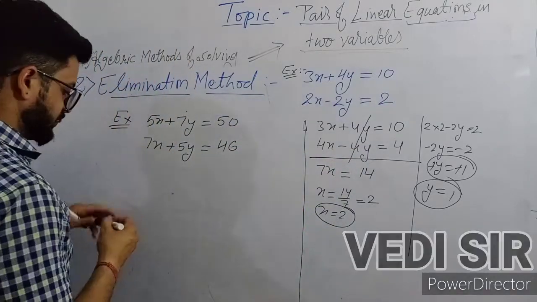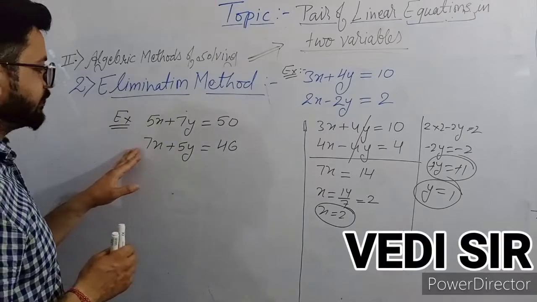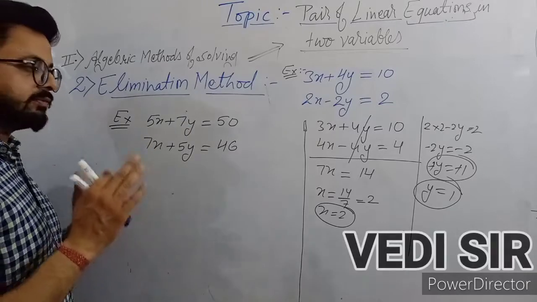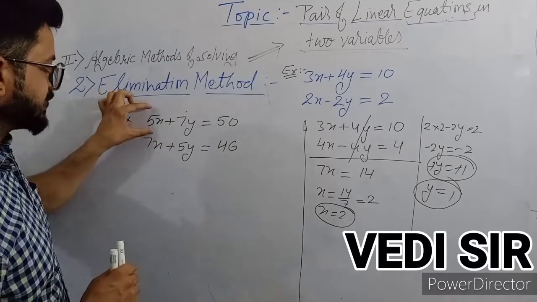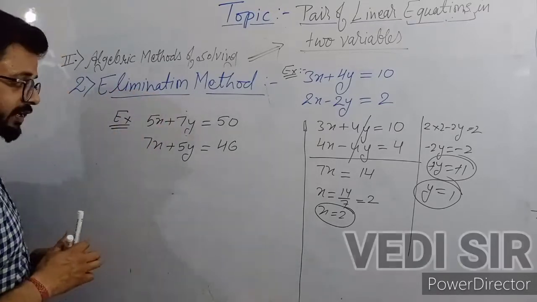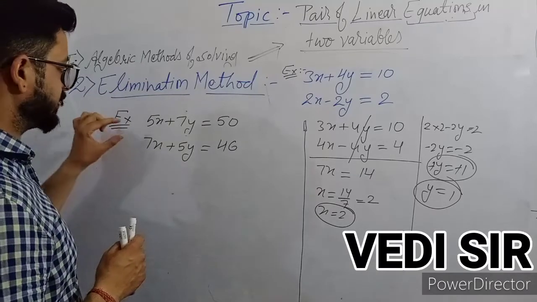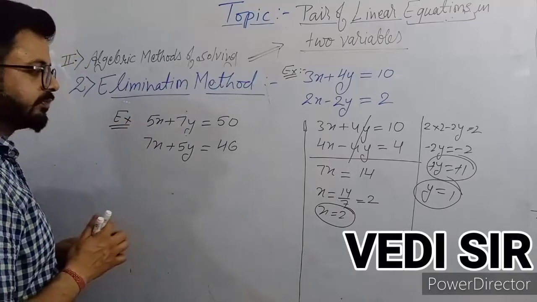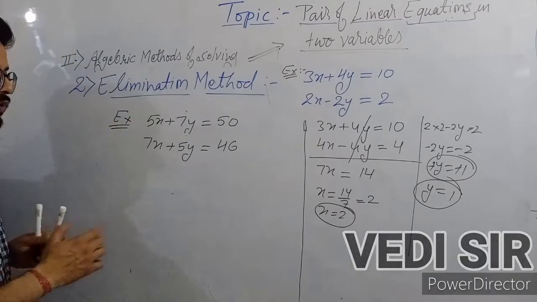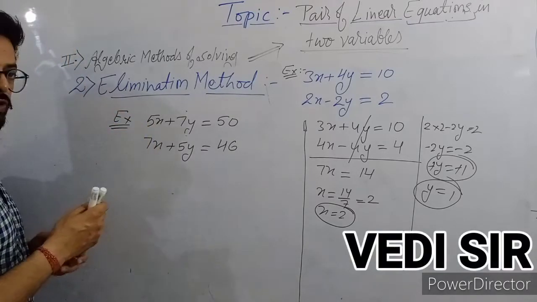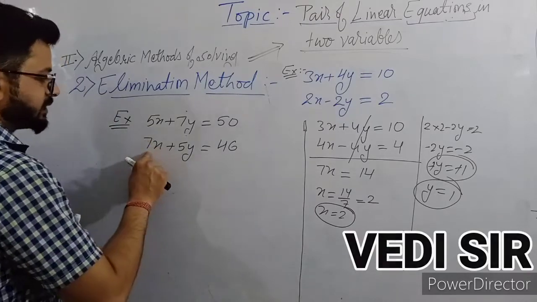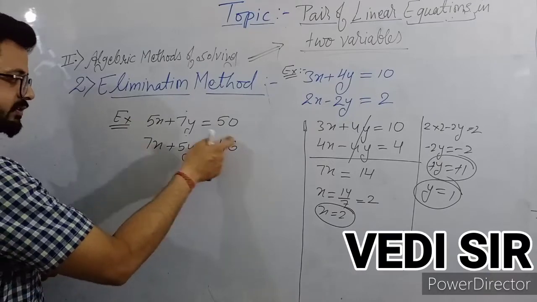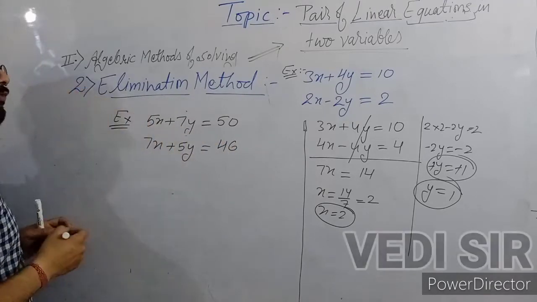This is a little bit higher condition. Now you see in this, if we multiply this equation by any constant, then we will not get any term complete like this. So if I want to make the coefficient of x equal, then you multiply each equation by the opposite coefficient. This means the first equation I will multiply by 7, and this equation I will multiply by 5.